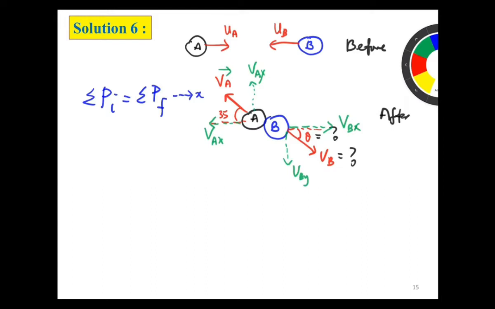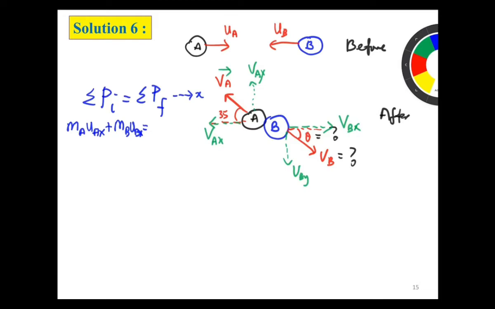Okay. So, gantikan. Tulis the formula. MA UA pada komponen X plus MB UB pada komponen X is equal to after collision. After, tadi ni before kita tengok diagram before. After collision kita tengok diagram after collision.